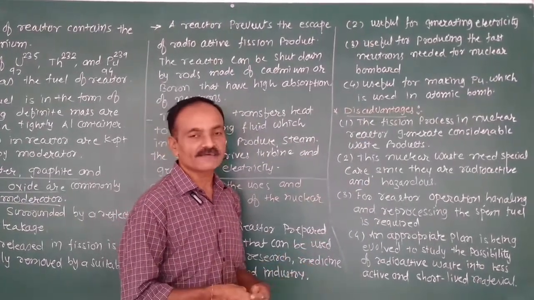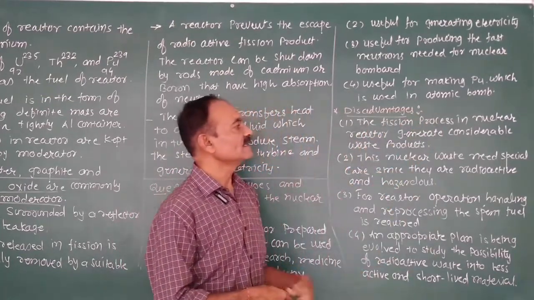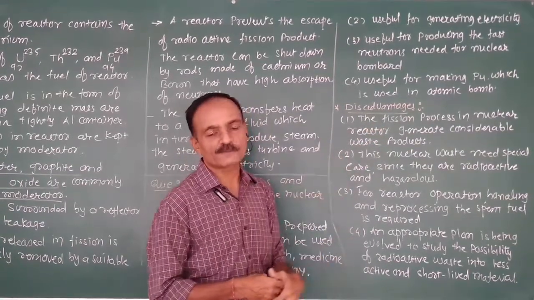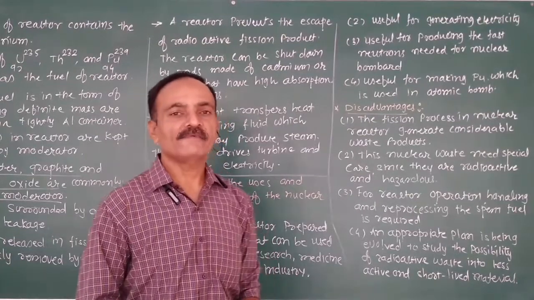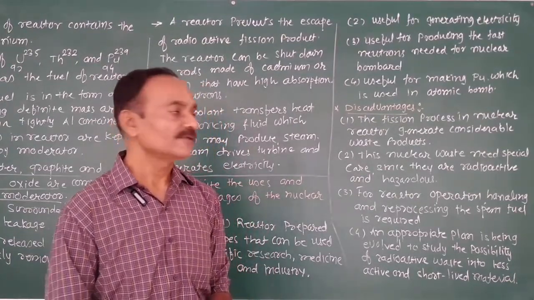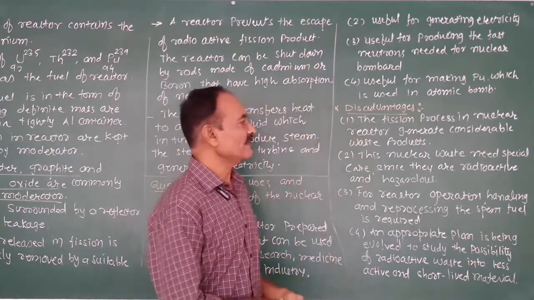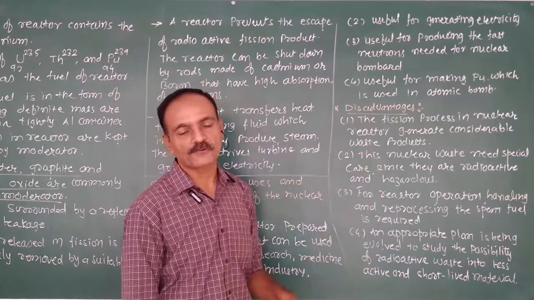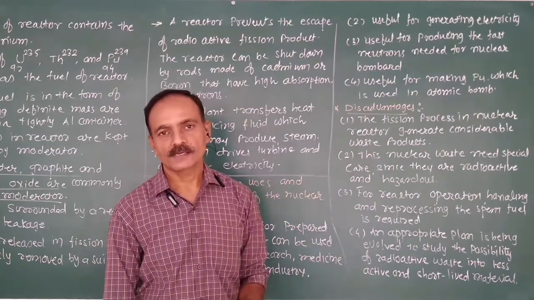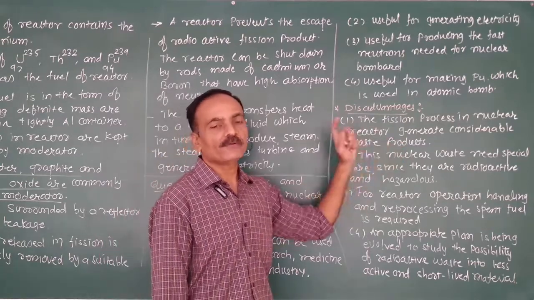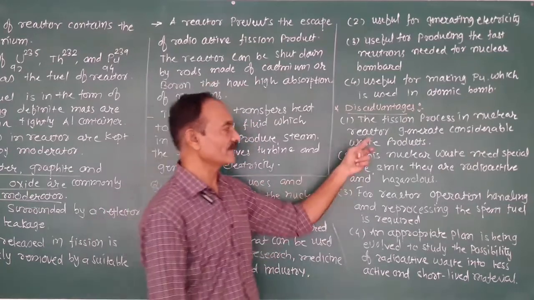Now, what are the disadvantages? The fission process in a nuclear reactor generates considerable waste products. We already discussed the fission of uranium nuclei by slow neutrons. More than 20 isotopes are produced, and these are also radioactive.